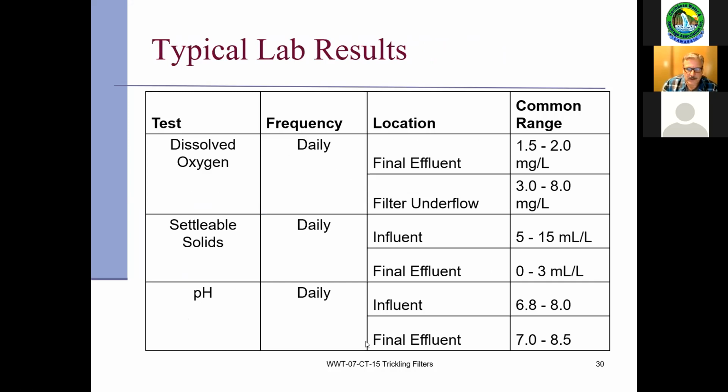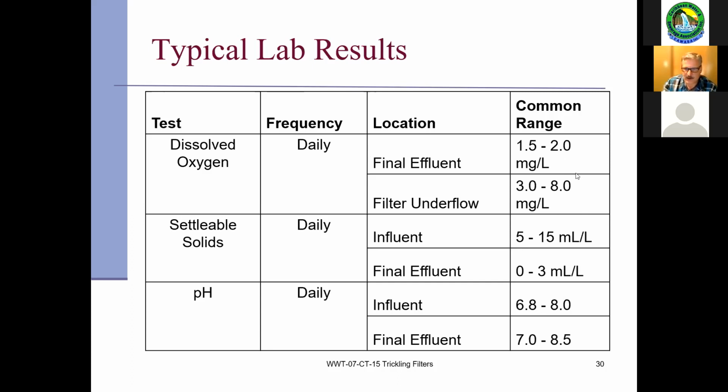Just some typical numbers, and these graphs are not so much for you to memorize. This isn't a memorization exercise, but I talk a lot about different types of processes and how they relate to other types of processes, because the foundation is all the same. Like I said, this is a trickling filter we're talking about, but it's a biological unit.